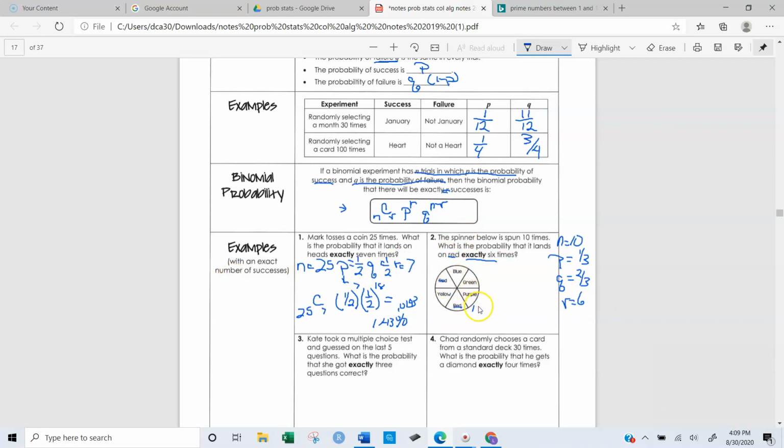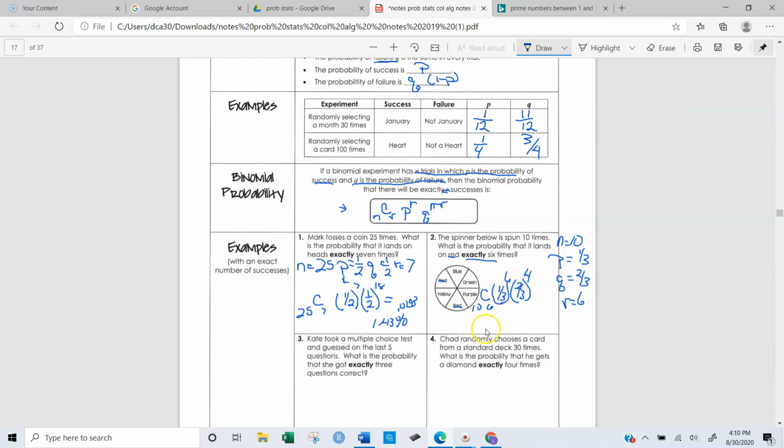So I go 10 choose 6. My success rate is 6 times. My not success rate, or the 2/3, is 4 times. So 6 out of the 10 is true, 4 is false.